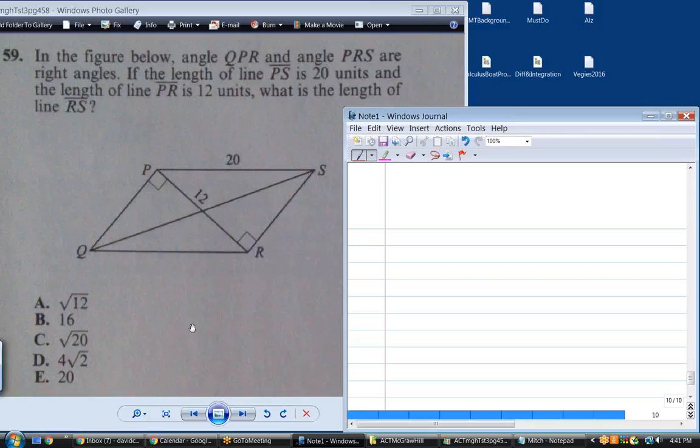Hold on a moment. In other words, you didn't look at this triangle. You looked at PRS, that triangle, where PS is the hypotenuse of that triangle.